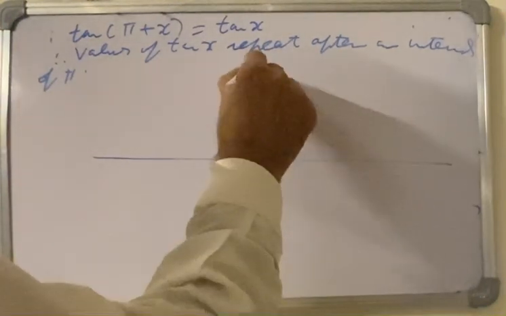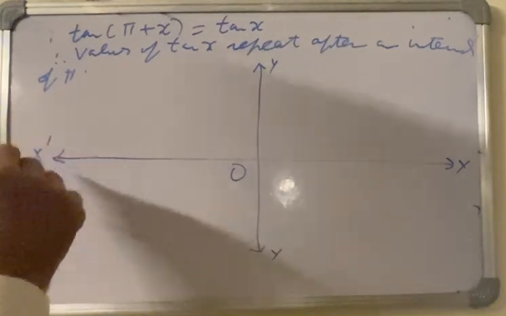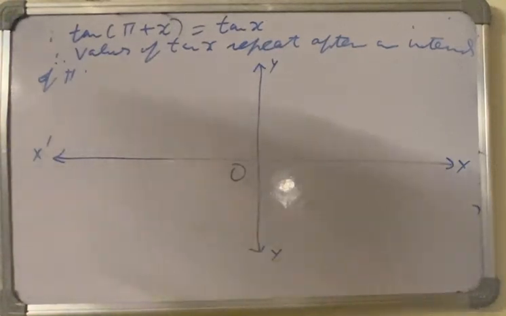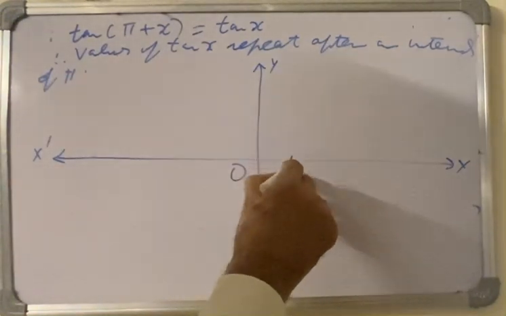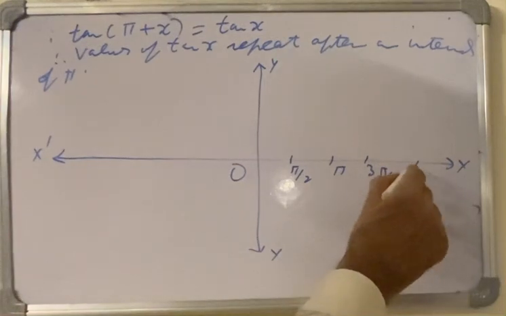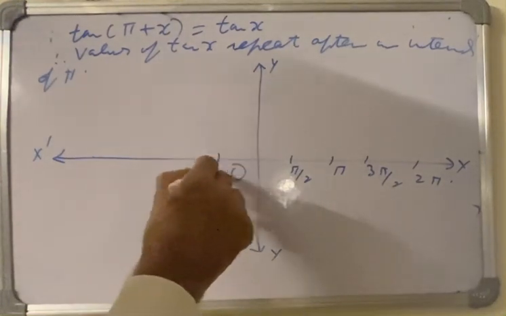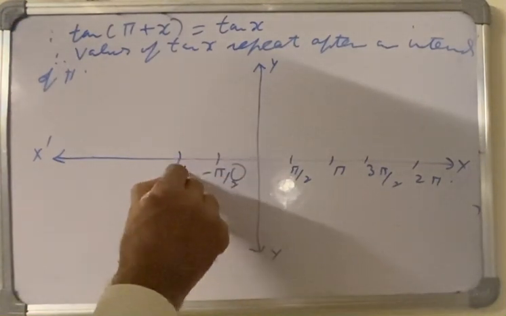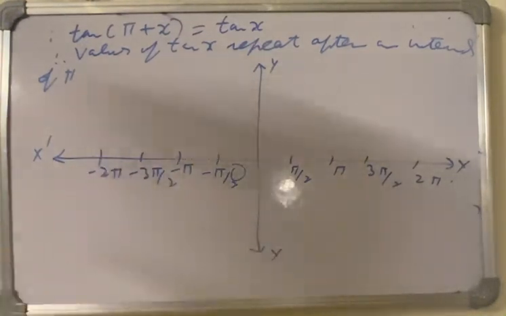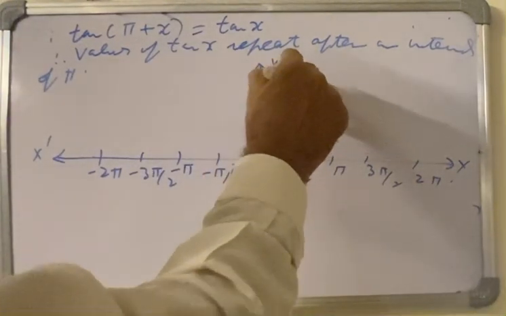This is X dash, Y dash, two mutually perpendicular coordinate axes. So this is pi by 2, this is pi, this is 3 pi by 2, this is 2 pi. Similarly, on this side it is minus pi by 2, minus pi, minus 3 pi by 2, minus 2 pi.